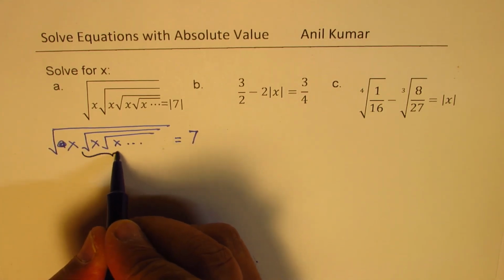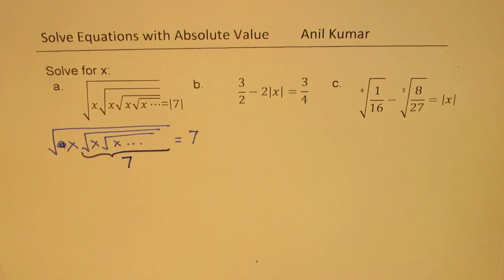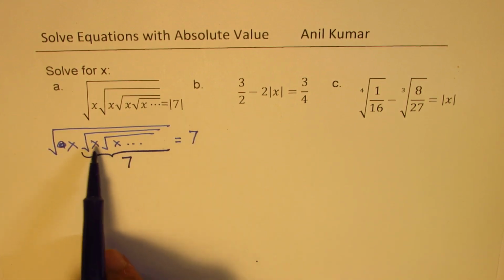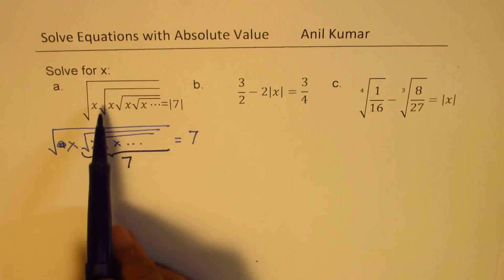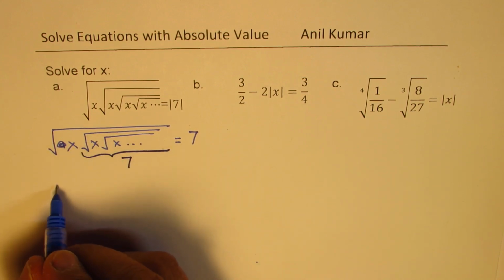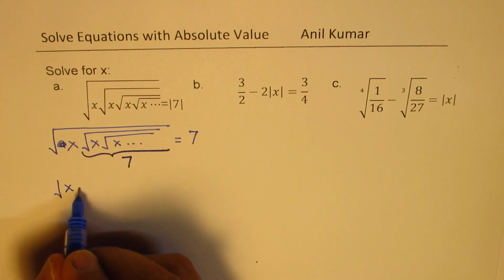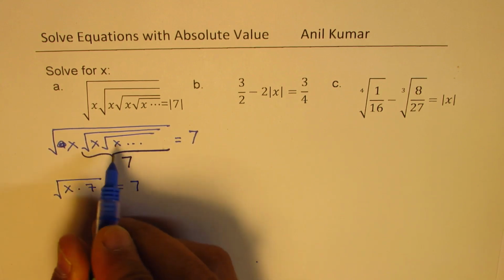That means this portion is also equal to 7, correct? Since this series goes forever, right? So that is the series, right? This is same as this series. Its value is 7. So what I could do now is I could rewrite this as square root of x times 7, right? Equals to 7. That's the beauty.